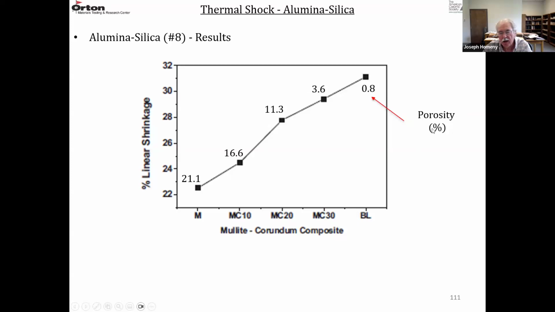And then the porosity, there's a big difference in porosity. So it's the same plot, linear shrinkage versus the composition. The mullite material had about 21% porosity, then the material that's all corundum, only 0.8. So it's very dense, low porosity.